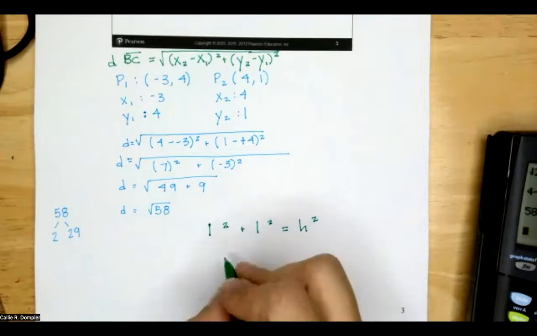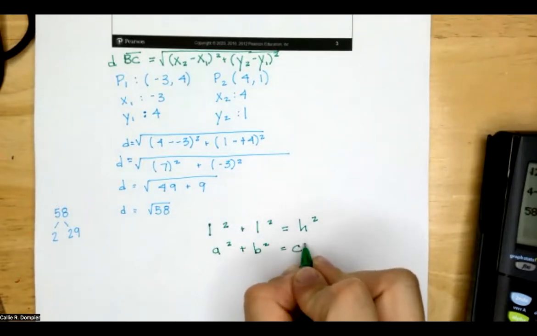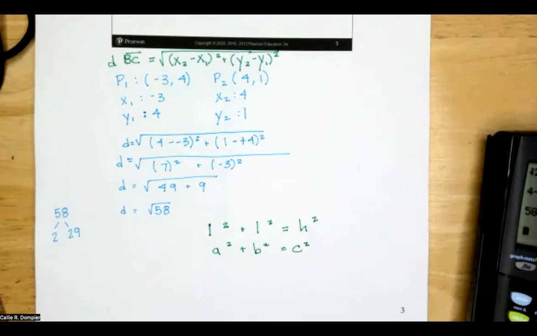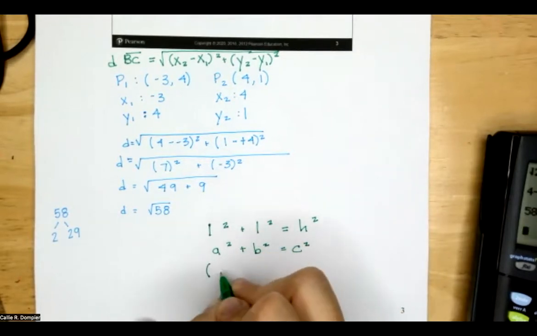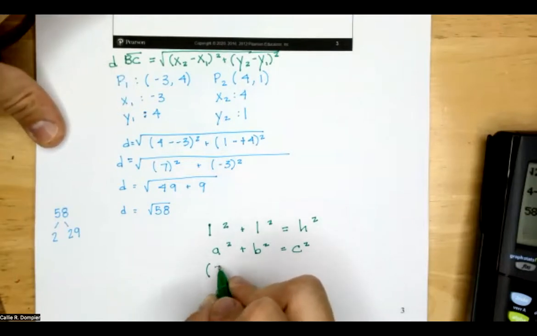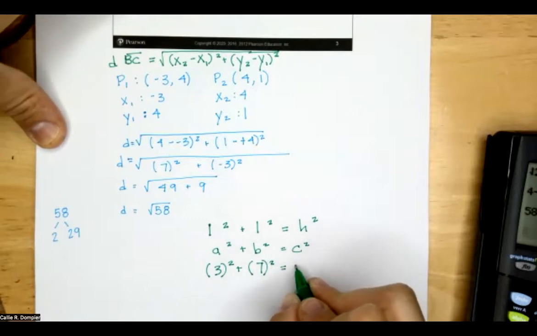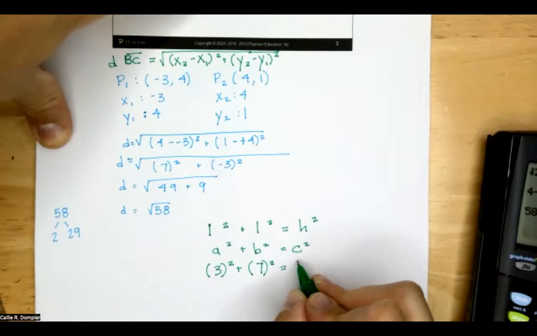Good. Or a squared plus b squared equals c squared. We're not really talking about the points here. We're talking about the lengths of the sides. So we'll call the shortest leg a, so 3 squared. Second shortest was 7. 7 squared equals the hypotenuse, which we already found out was the square root of 58.